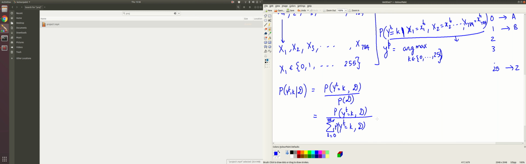And the numerator we can write as the probability of yt equal to k, into the probability that you get this data. What is the probability that you actually see this data when the underlying label is k? This is your standard Bayes rule that we have seen in class several times, divided by the sum over all possible k's.